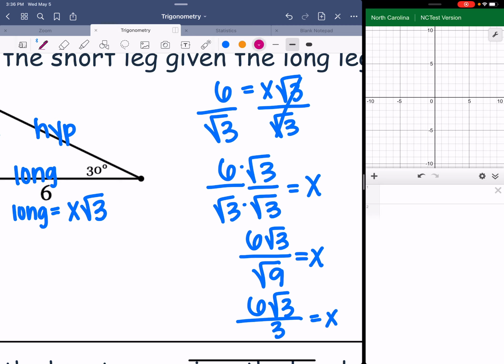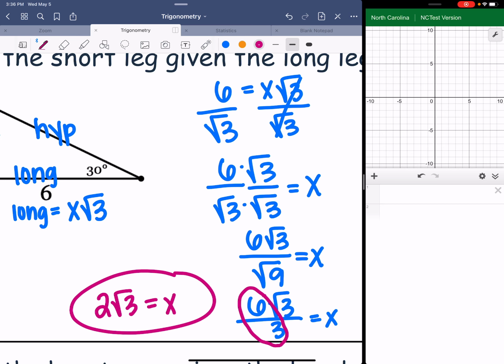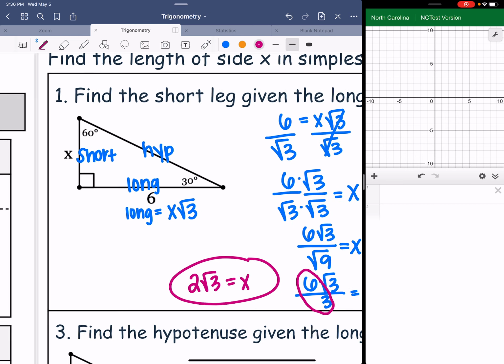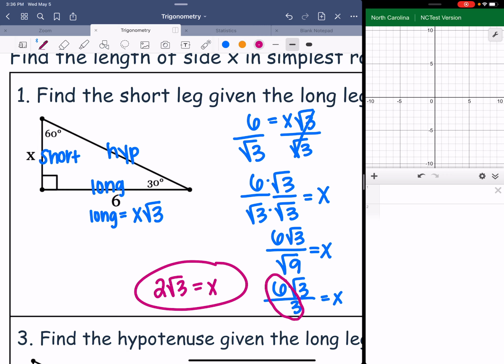Now technically this is correct. However, we have 6 over 3, which does simplify. So that's actually 2 square root of 3 equals x. So the short leg is 2 times the square root of 3.